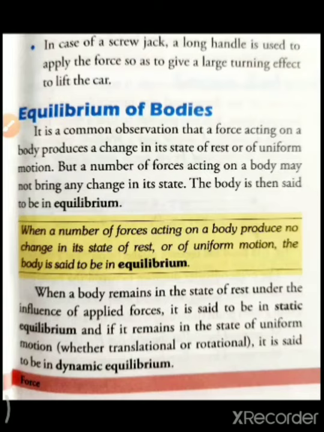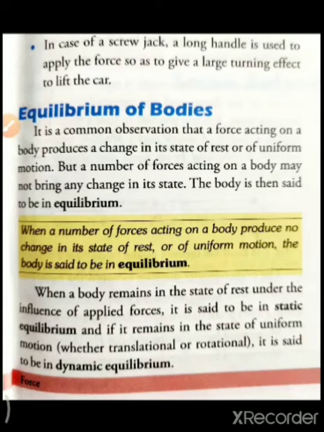When a body remains in the state of rest under the influence of applied forces, it is said to be in static equilibrium. If the object is at rest and a number of forces act on it, but it still does not change its position or state, it is called static equilibrium. Static means constant.